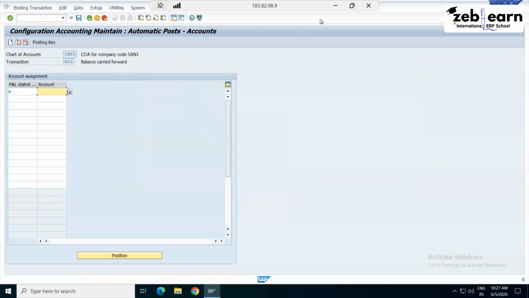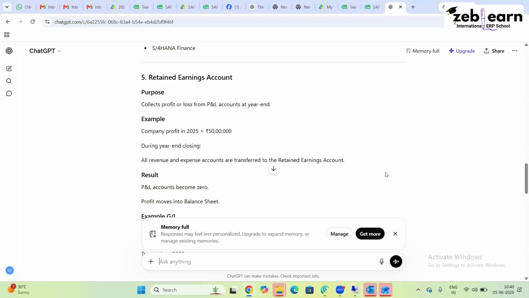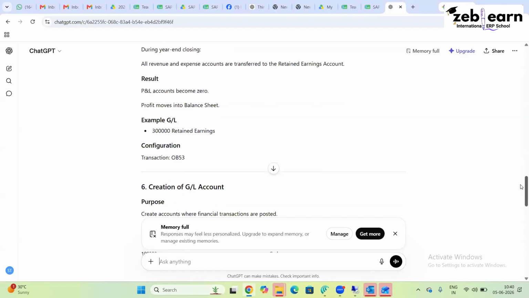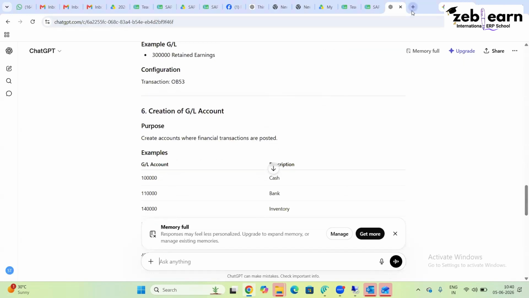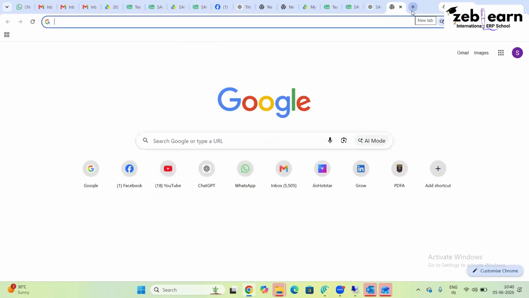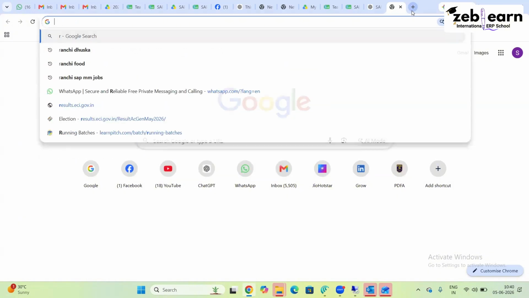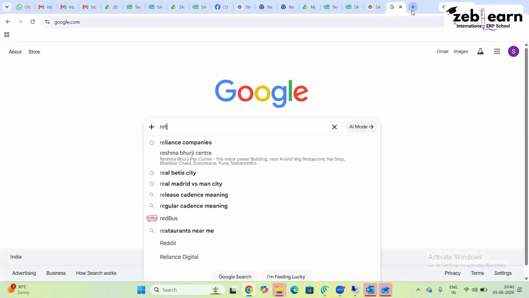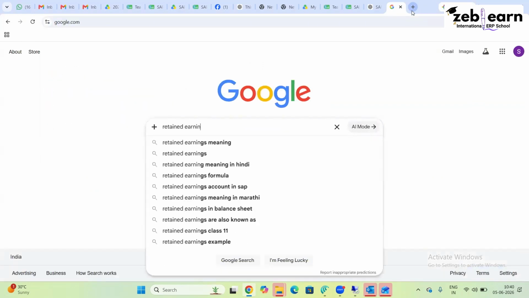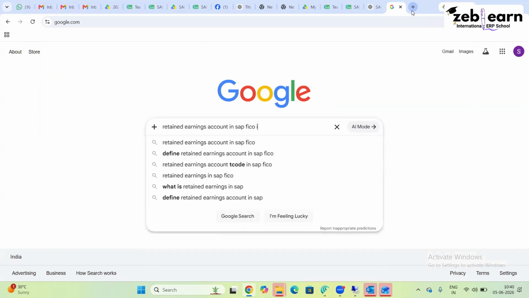Now, first we have to understand what a retained earnings account is. Is it asset? Is it liability? Is it expense? Is it equity? Is it revenue? Revenue account. Okay. Why revenue? Because it collects the amount of profit or loss.